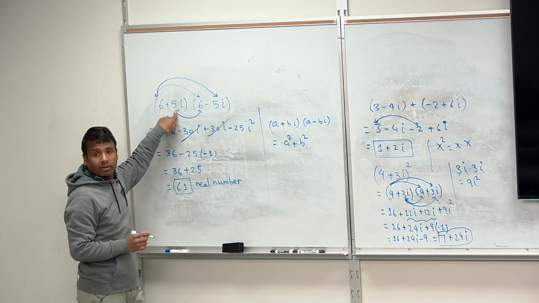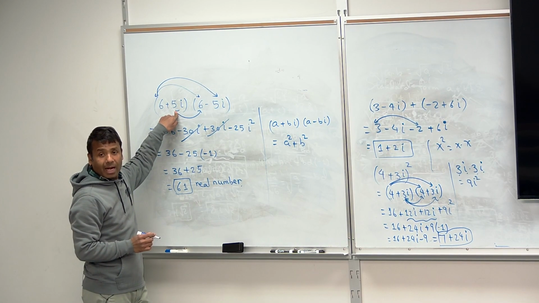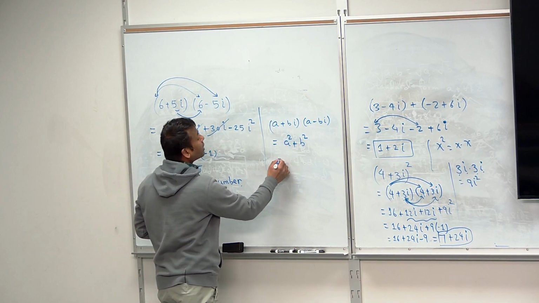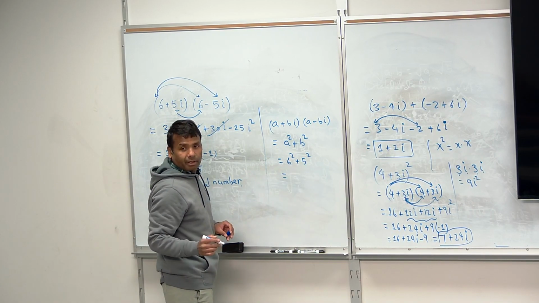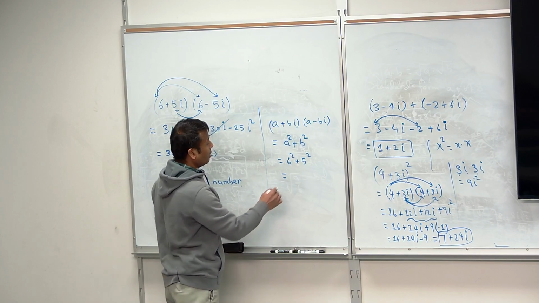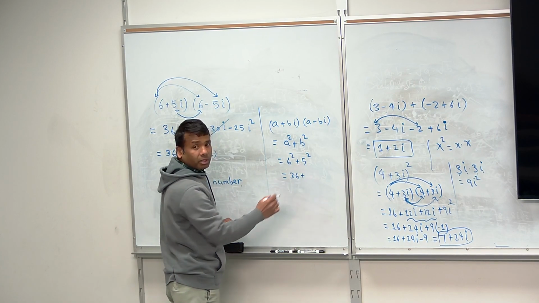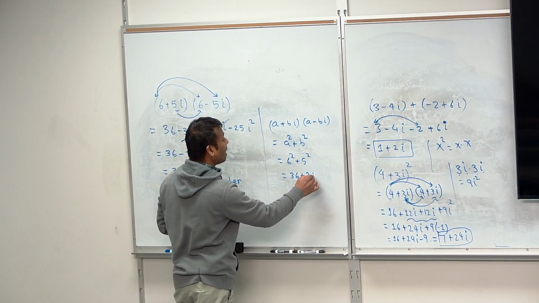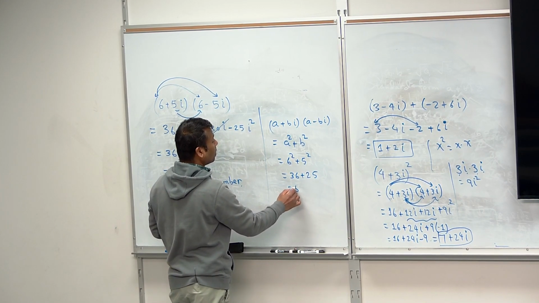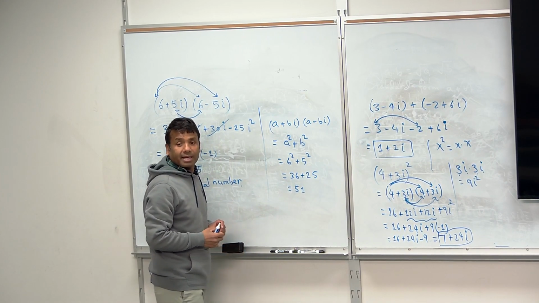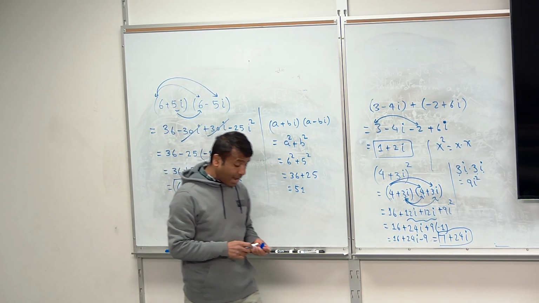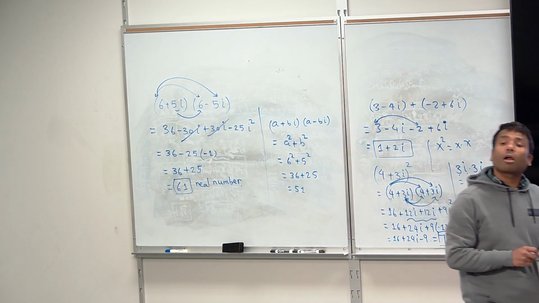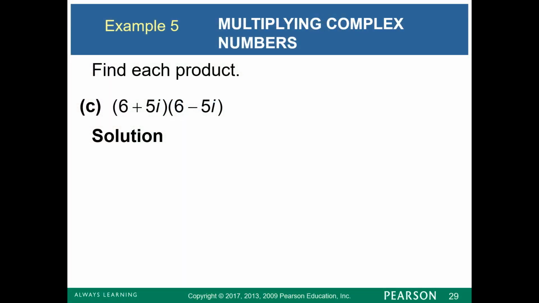What is b here? 5, right? So if you do 6 square plus 5 square, what is 6 square? 36 plus, what is 5 square? 25. And when you add them up, that will give you 61. Is that right? Right? So now a plus bi and a minus bi are called complex conjugates to each other.